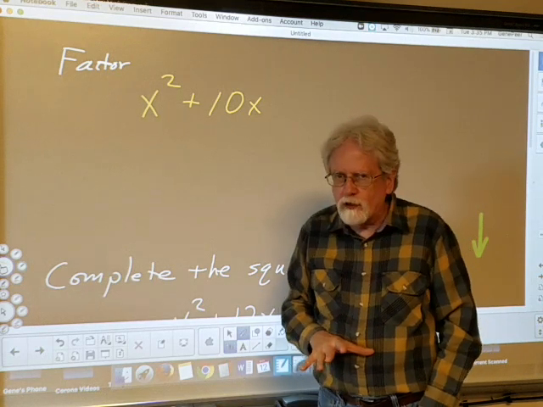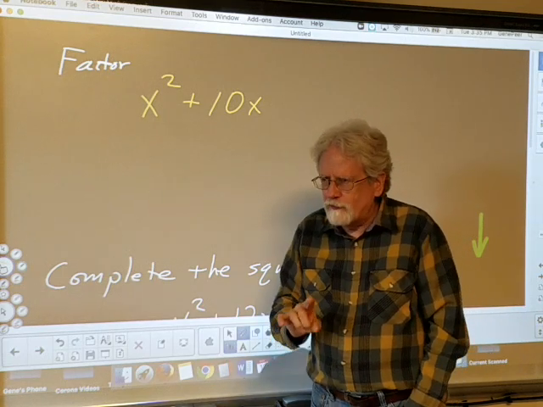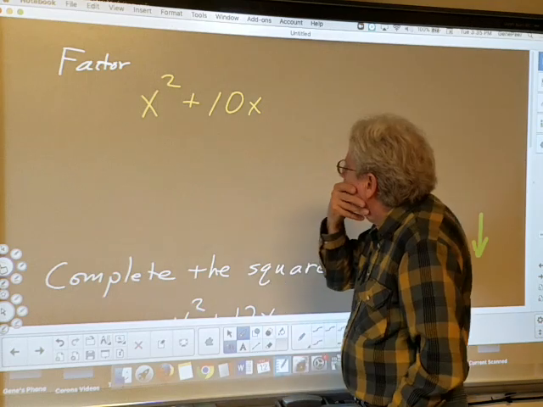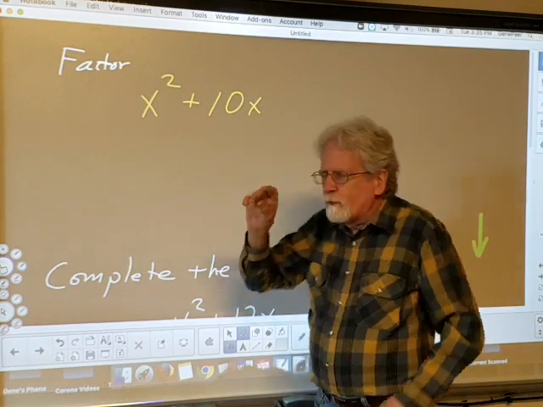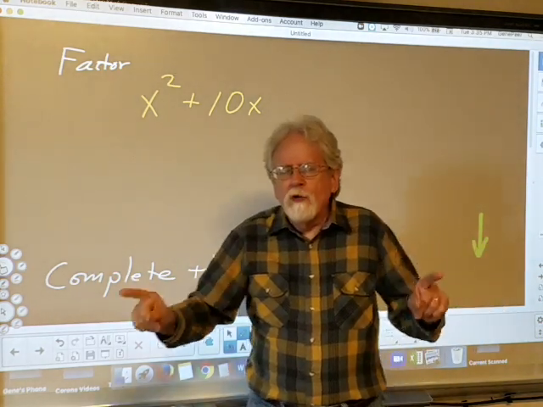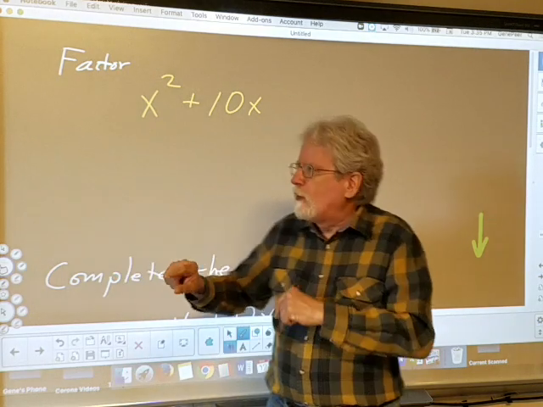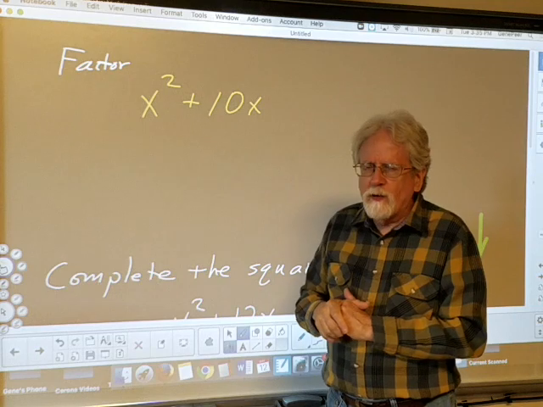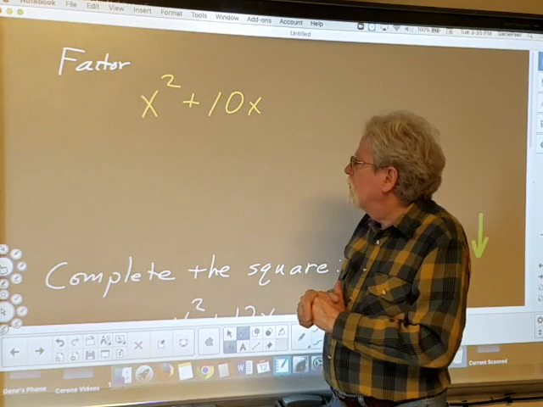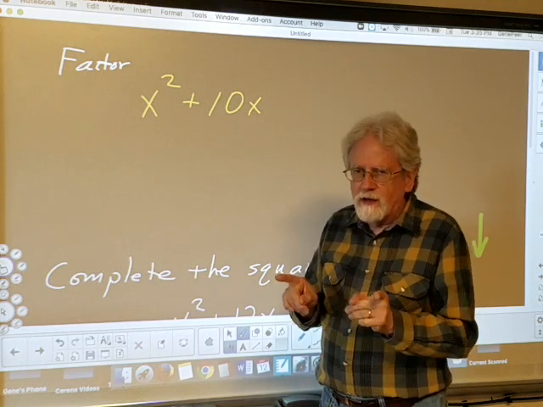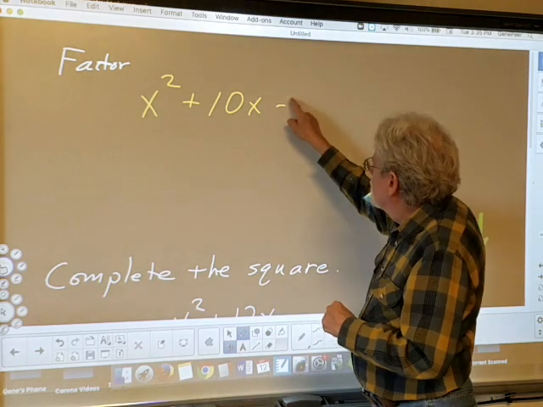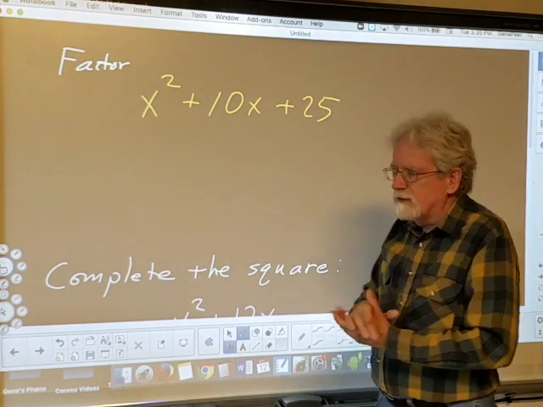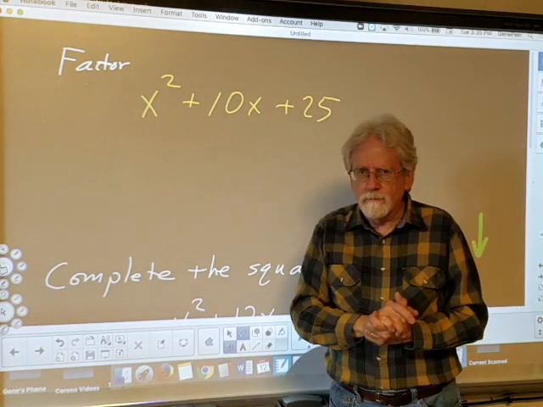Of course, we know it's going to be 25, but suppose we didn't already know that. Remember, it's what was squared, multiply and double, and we get this. What was it right before we doubled it? It would have been a 5. And 5 squared is 25. We know that will work.